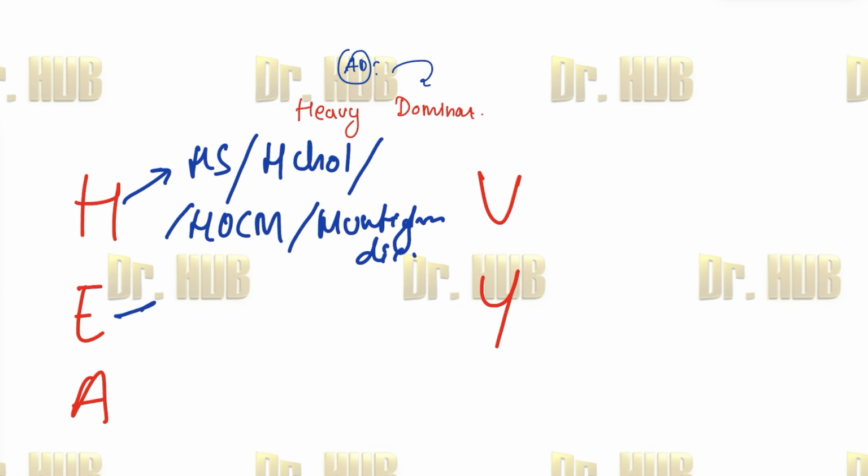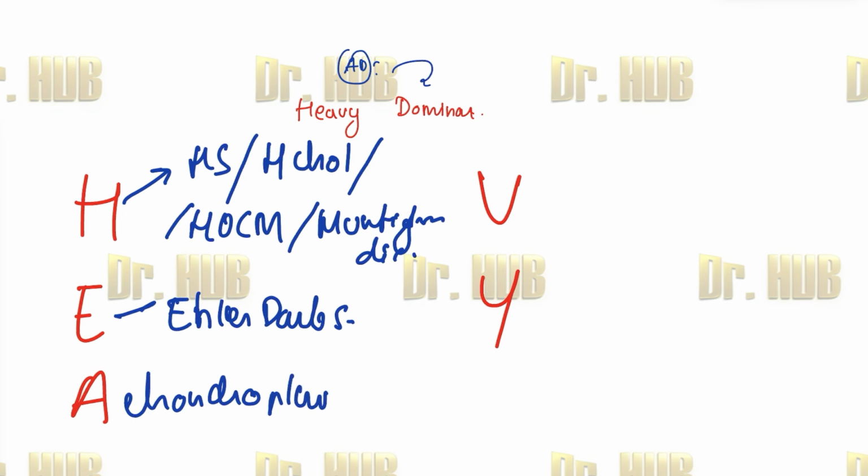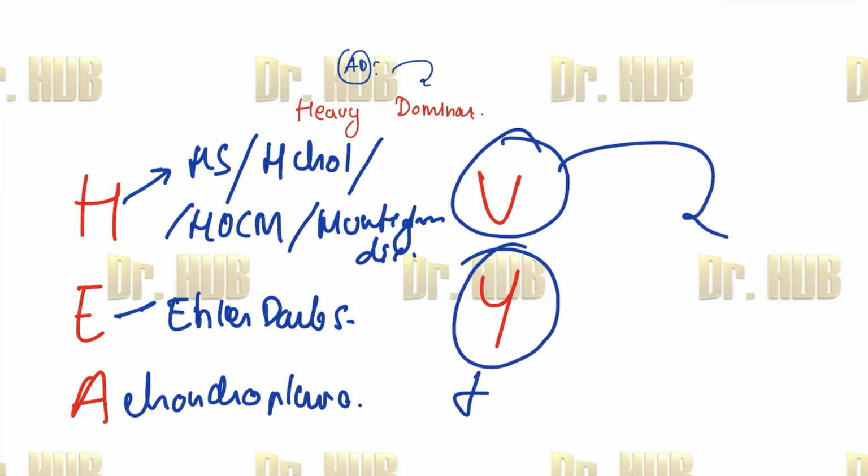Next is E. The E stands for Ehlers-Danlos syndrome. Next comes A. A is for achondroplasia. Next is the V. Y is just an add-on for the mnemonic. What is V? V is for von Willebrand's disease and von Hippel-Lindau syndrome.